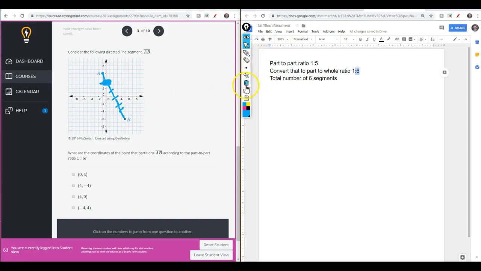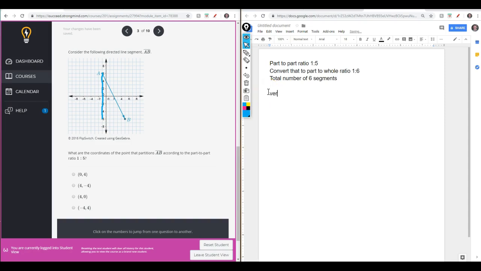So now I know something about distance. I know that horizontal and vertical distance has a relationship to this directed line segment. So I'm going to first find the vertical distance from A to B. So this would be 1, 2, 3, 4, 5, 6, 7, 8, 9, 10, 11, 12.